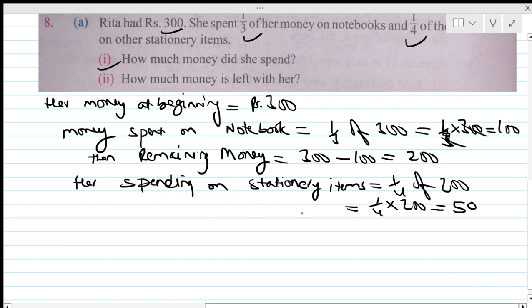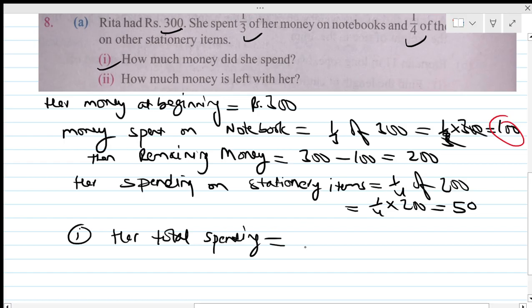Before finding the final remainder, let's answer the first question: how much money did she spend? So her total expenditure equals, first spent on notebook, rupees 100, and then for stationery items, rupees 50.